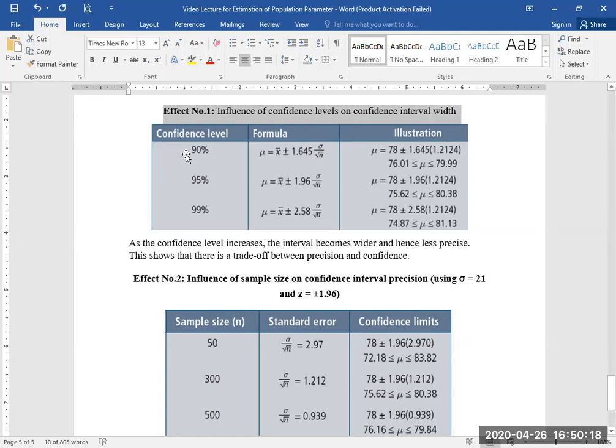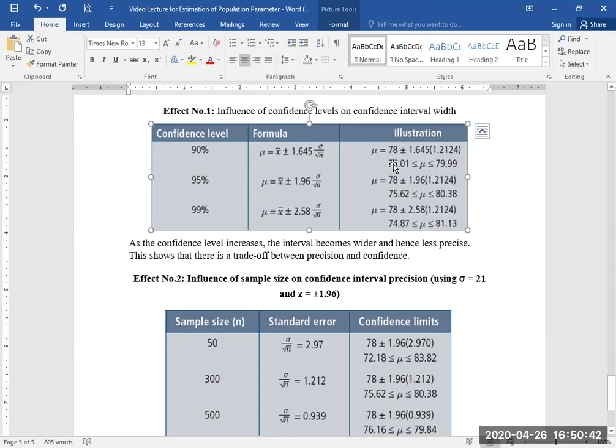See, in the first column there are three confidence levels, or one can say the confidence level is increasing: 90%, 95%, and 99%. The corresponding confidence intervals run from about 76 to 80, 75 to 80, and 74 to 81.